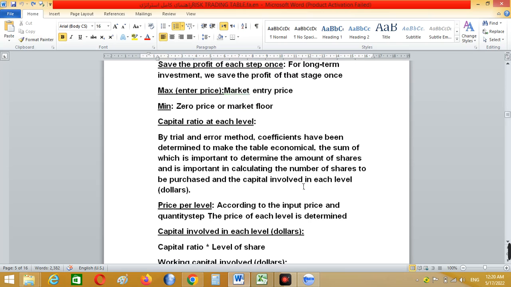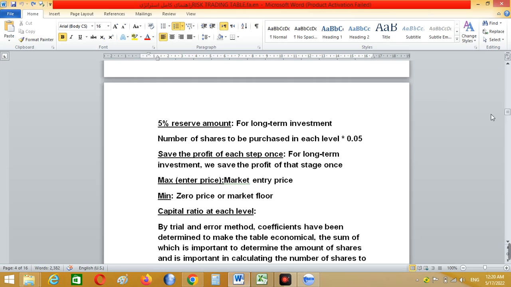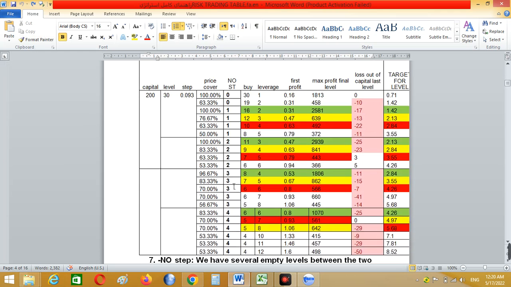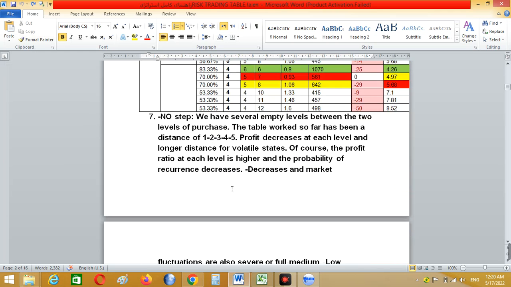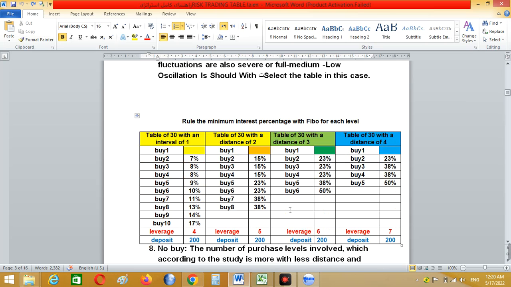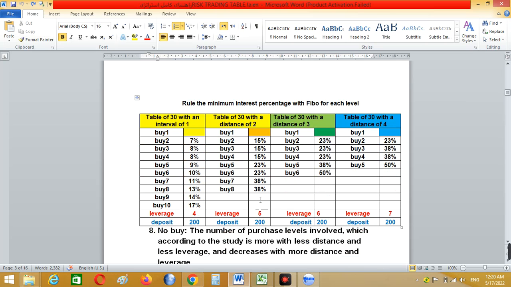As you see in my table, you need to understand which table is useful for you. By number of steps, if you read my Word file, you will see this brief table that shows you how to understand my method.